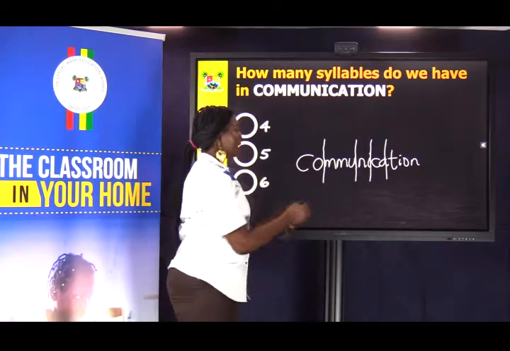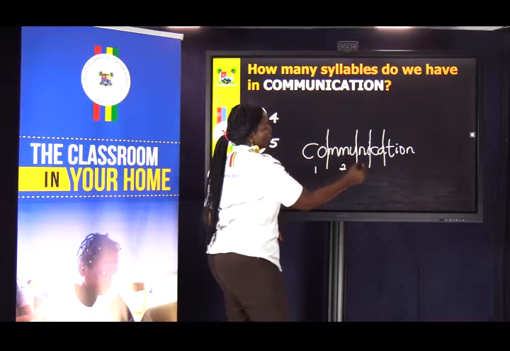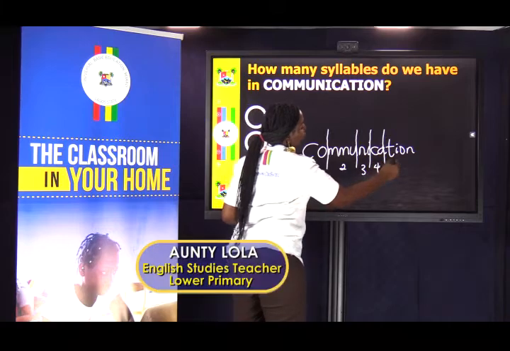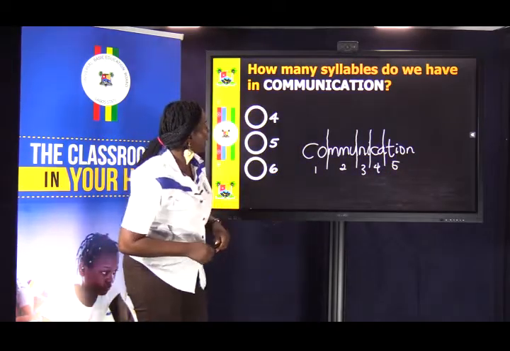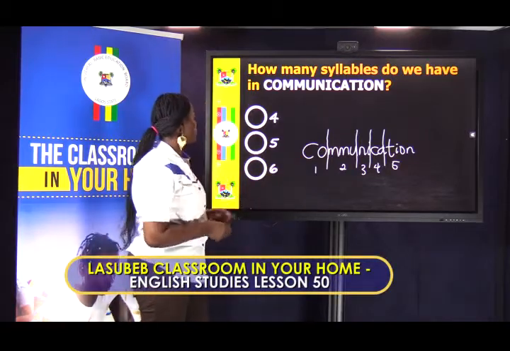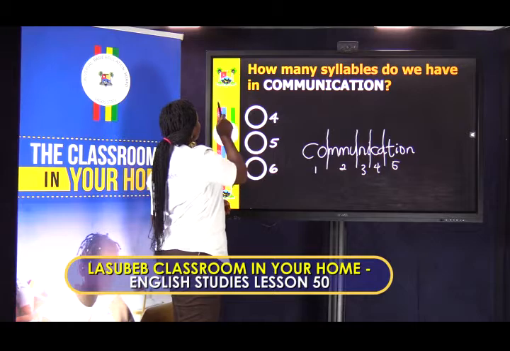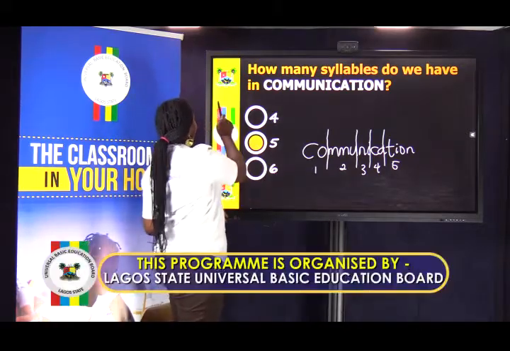So how many do we have? We have 1, 2, 3, 4, 5. We have 5. We split that word communication into 5 syllables. So the answer is what? The answer is 5.